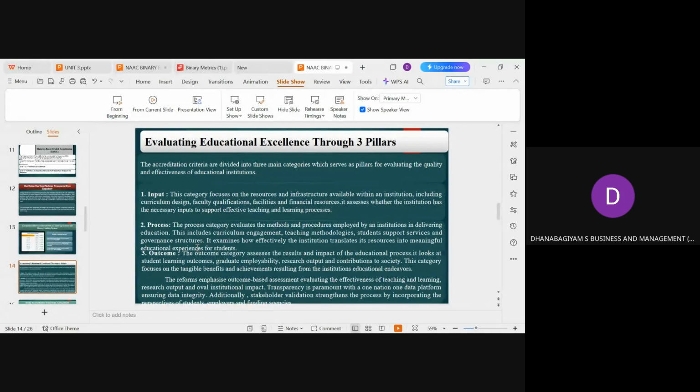Next, the process. The process category evaluates the methods and procedures employed by an institution in delivering education. Here, how do we engage our students through our course plan?